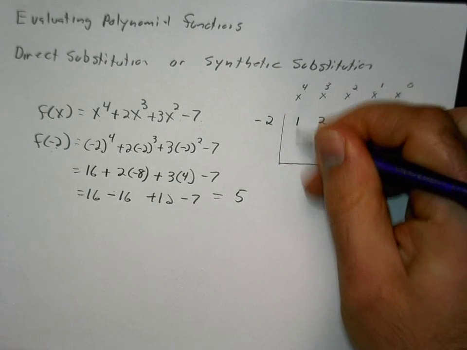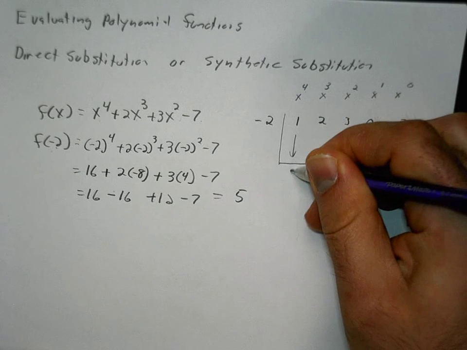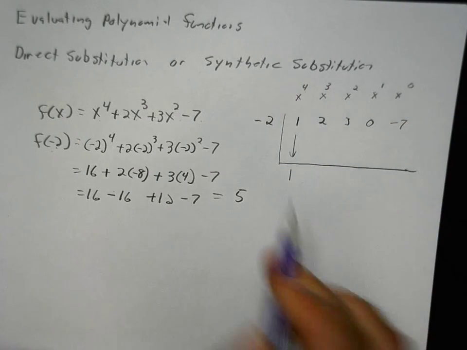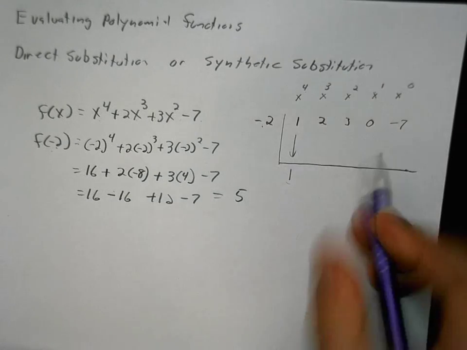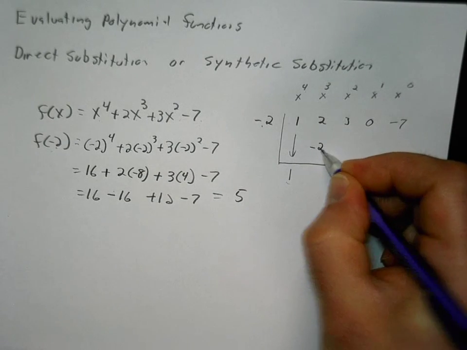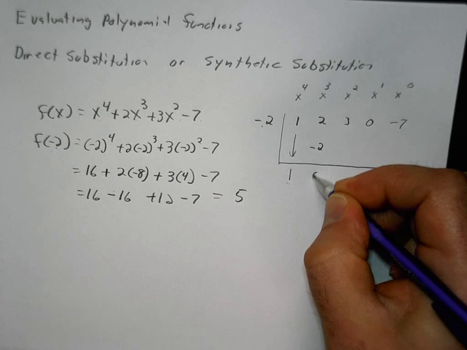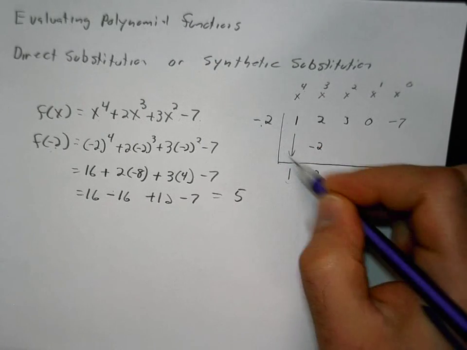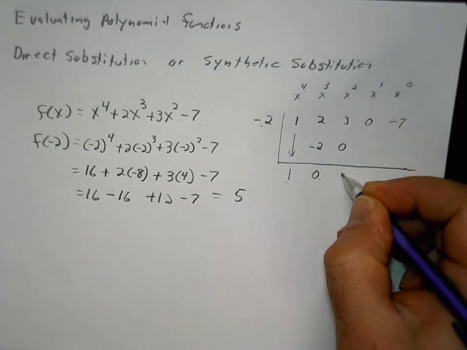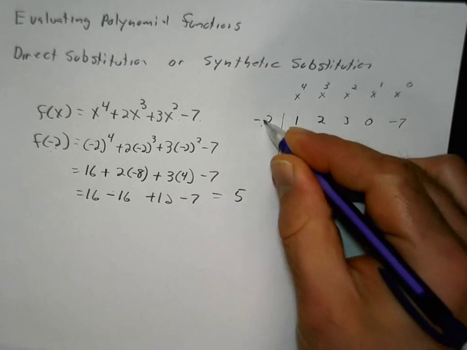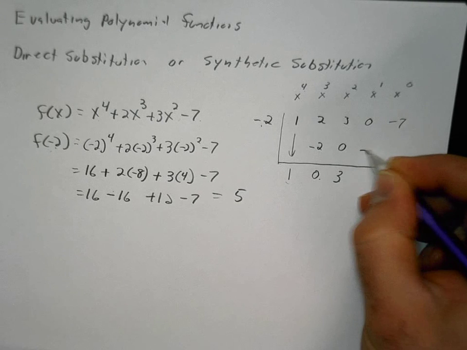Now I drop this number down, comes down here. Then I multiply. Negative 2 times 1 is negative 2, and I put that right here. Then I add. I get 0 there. Then I multiply. I get 0. Then I add. I get 3. Then I multiply here and I get negative 6.